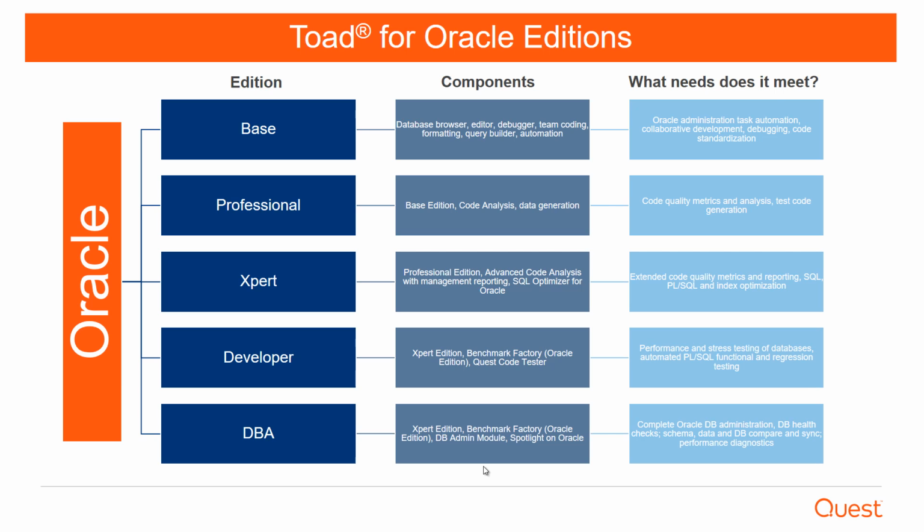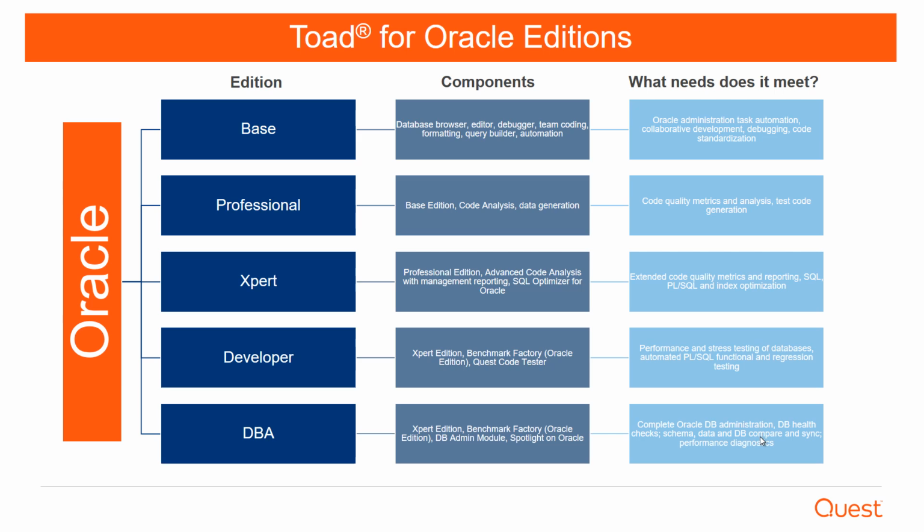So Professional Edition, for example, includes code analysis, which is a static code review, as well as data generation. Expert Edition adds in the SQL Optimizer for tuning SQL statements. Developer Edition includes other products like Benchmark Factory for scalability testing and Code Tester for unit testing. And the DBA edition includes Spotlight on Oracle.